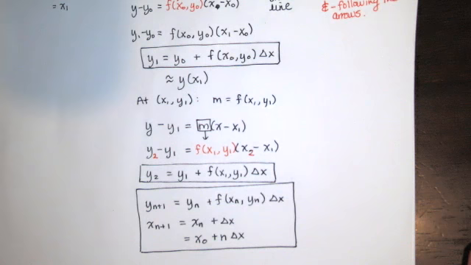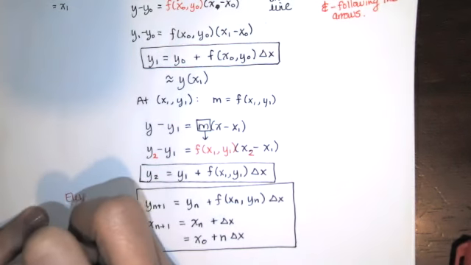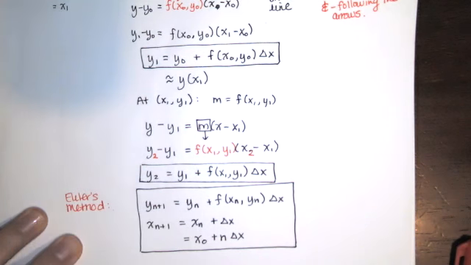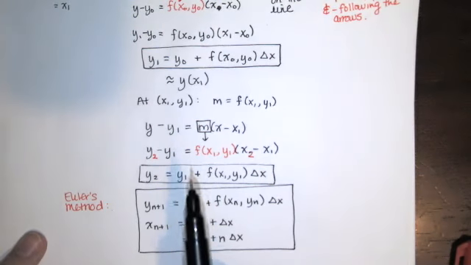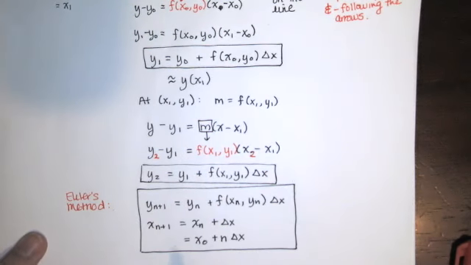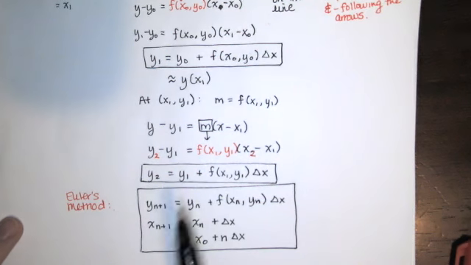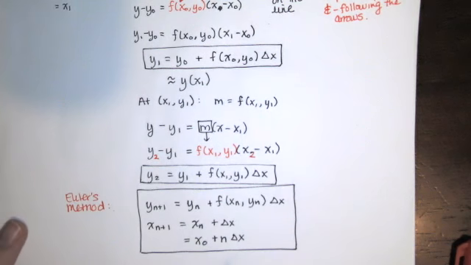This is called Euler's method. And again, all it's doing is using that tangent line as an approximation to the solution at point after point. Now, the farther you get from that x naught, y naught, the worse this works. And there are better numerical approximations, but this is a good one to start, just using the tangent line.